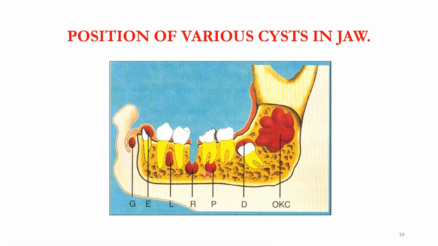Periapical cyst or radicular cyst is at the apex of a tooth which is affected by caries. This is the residual cyst, where the tooth has been pulled out but the cyst has been left behind. This is lateral periodontal cyst. This is eruption cyst. So these are the cysts we have discussed, for you to remember.